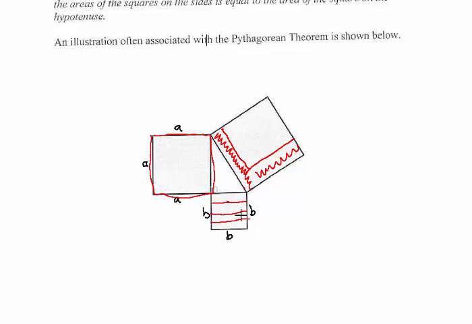And you should cut out strips to where it completely fills up what's left once you put a squared inside of c squared. So in other words, the area of this square, b squared, plus the area of this other square, a squared, is going to give you the area of this larger square here, c squared.